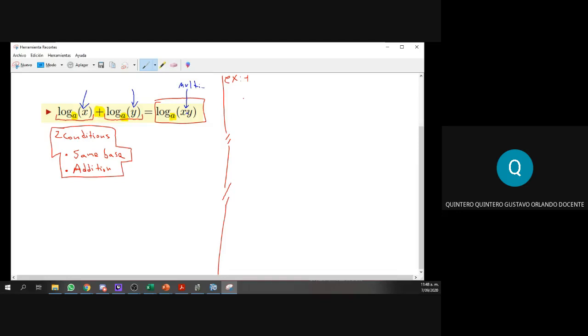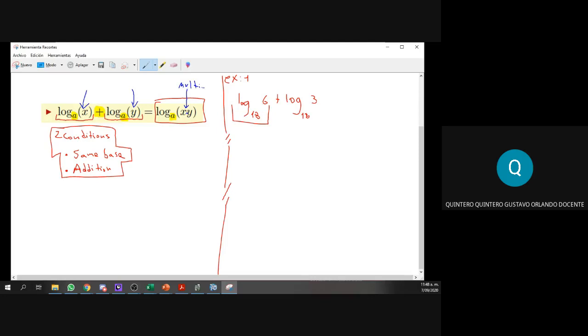How much is the logarithm to the base 18 of 6 plus the logarithm to the base 18 of 3? How much is that, guys? Again, you need to think about the first logarithm. 18 elevated to what exponent gives me 6?